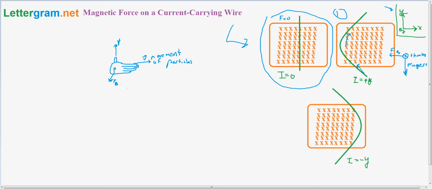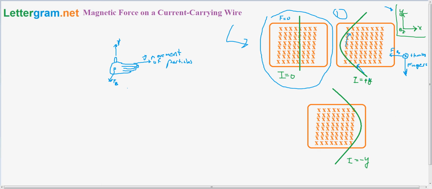So all you have to remember is current is in the direction of positive charge, and electrons are negative, so they're moving opposite to where the charge is moving. No, it's kind of confusing. Blame Benjamin Franklin. I actually have a book that just ignores this and says positive current is in the direction the electrons are moving.